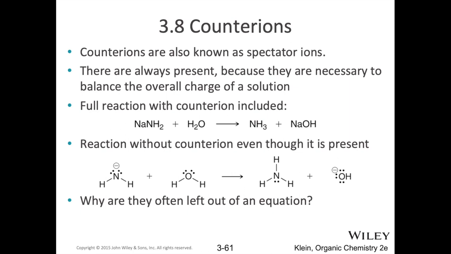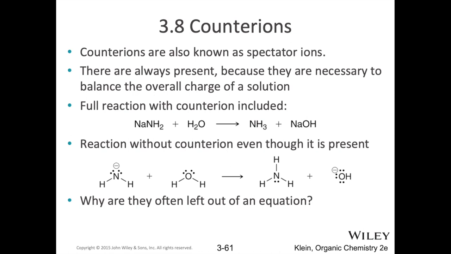You probably remember that name back in Gen Chem when you learned about double replacement reactions, or specifically precipitation reactions. Spectator ions were the ions that basically stayed the same in your double replacement reaction.